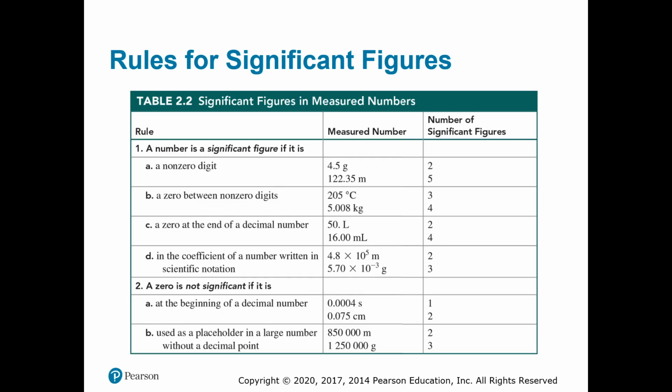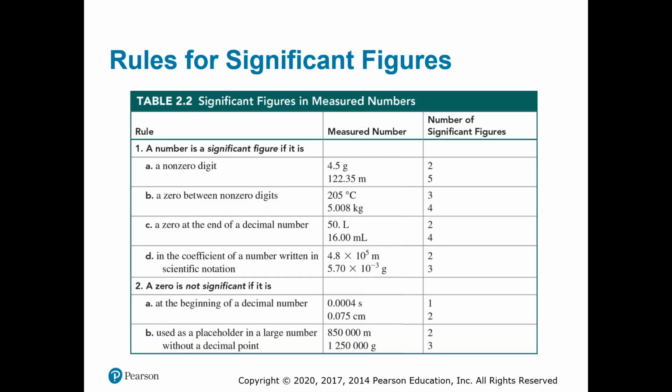It's real for us, a significant figure. At the end, yes, but only if there's a decimal place. So in these cases, with a decimal place that terminates the number or a decimal place that has zeros after it, they count. And what we're going to be doing is counting those digits up, because we have to keep track of that for our eventual answer if we're going to do calculations.